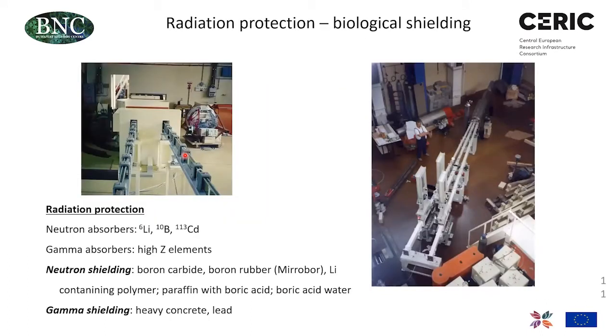The slow neutrons are delivered from the production site, so from the core of the reactor, to the experimental stations by so-called neutron guides. Neutron guides are light optical devices, and they take advantage of the wave nature of the neutrons.